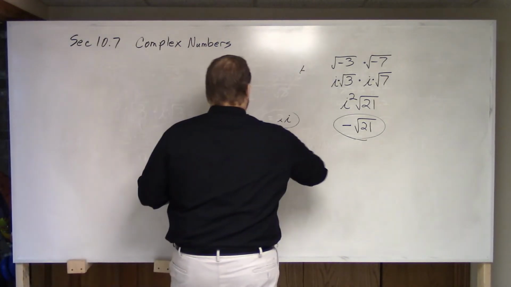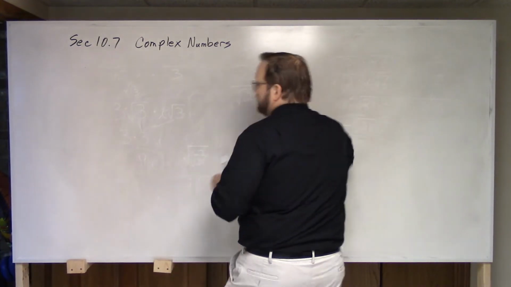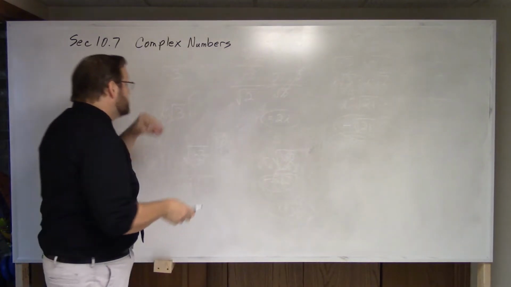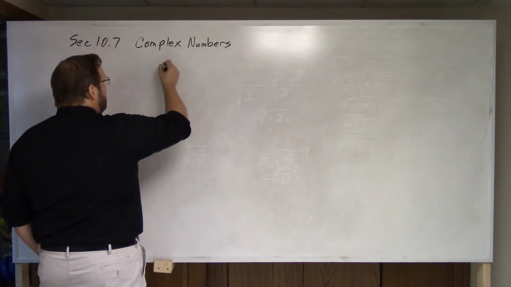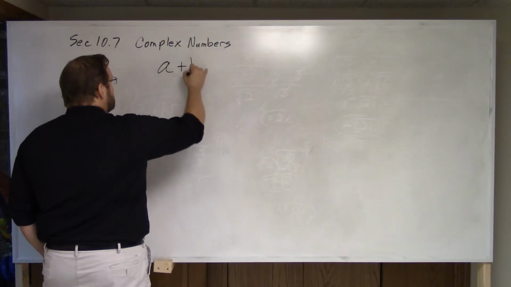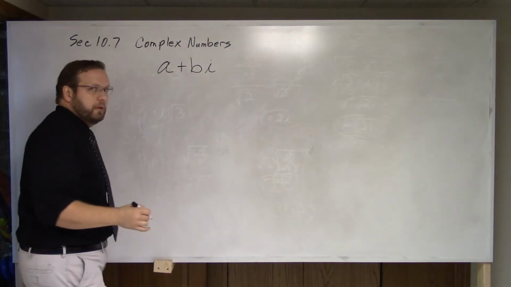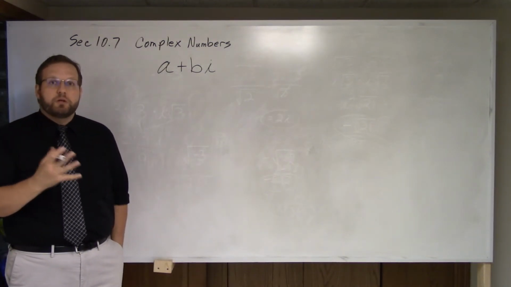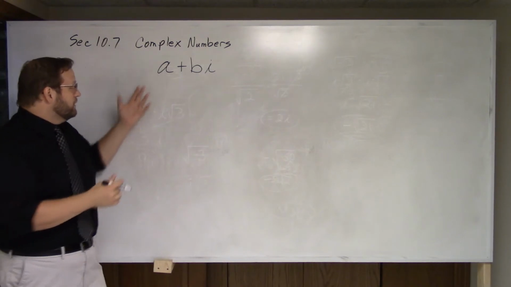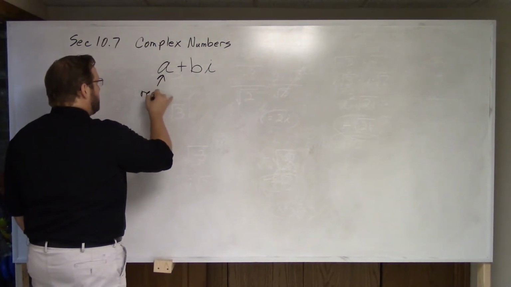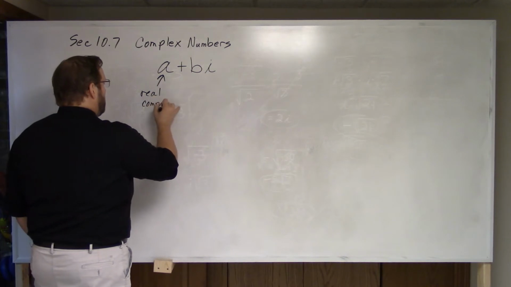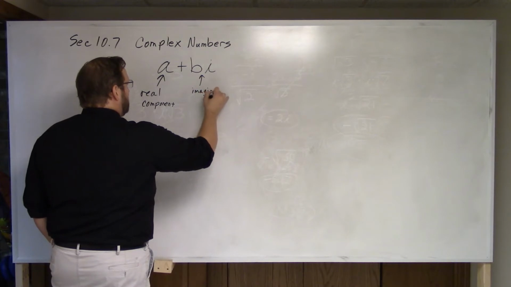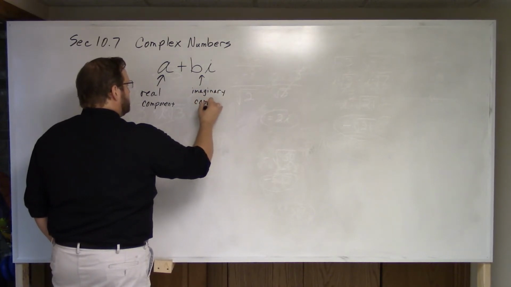When we deal with complex numbers, we are dealing with a combination of real and imaginary values. So a complex number is going to be a number of the form a plus bi. Now, a plus bi could be a minus bi. Okay, the signs could be different there, but you have a sum of a real component and then an imaginary component.